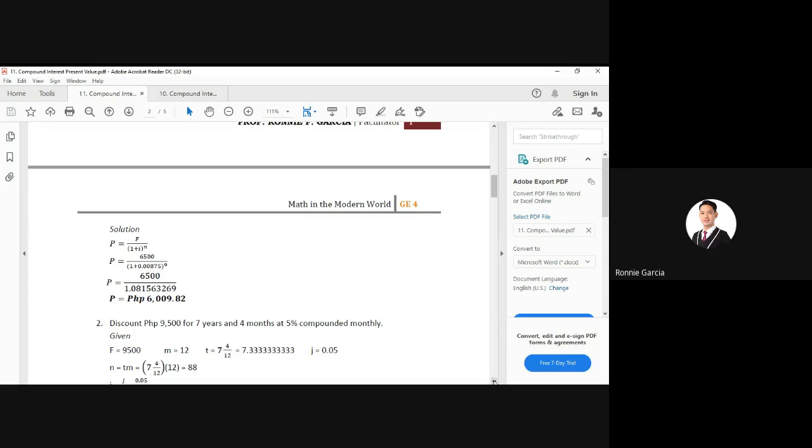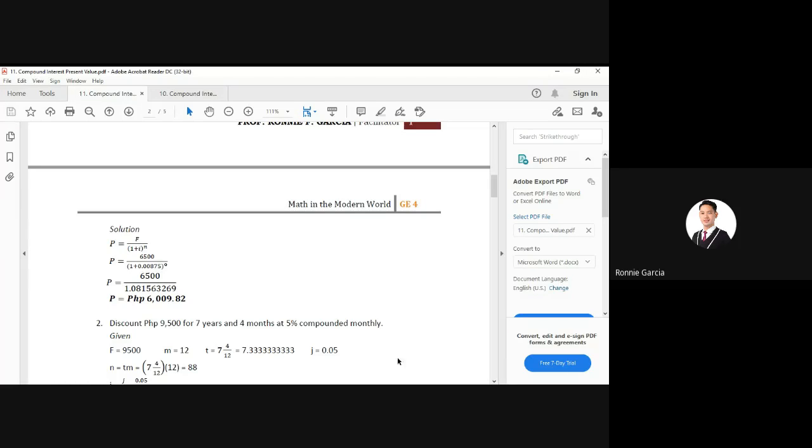As I have said earlier, the value is very long if we convert to decimal, so we convert the 4 months to years. In fraction, 7 years and 4 months is equal to 7 and 4 over 12. 4 divided by 12 is 0.333 and so on, then add the 7. So that's 7.333 and so on.